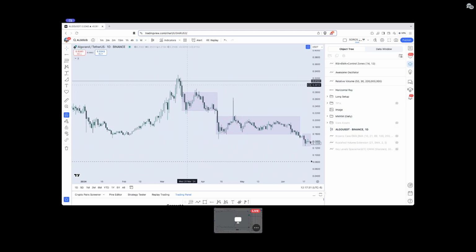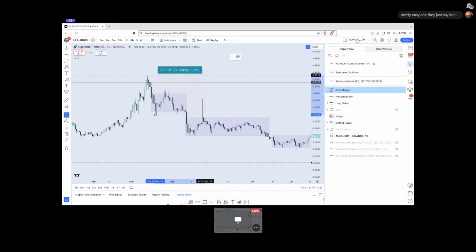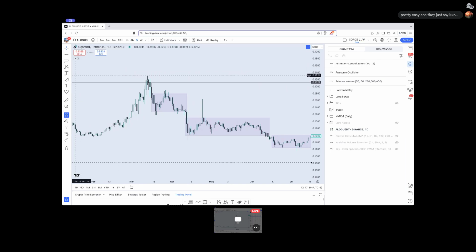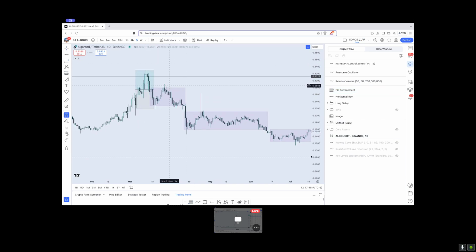And to confirm it, on the push up, it goes to premium within the dealing range. There it is. So this is your dealing range, high to low. It goes into premium above equilibrium here and then gets sold off.